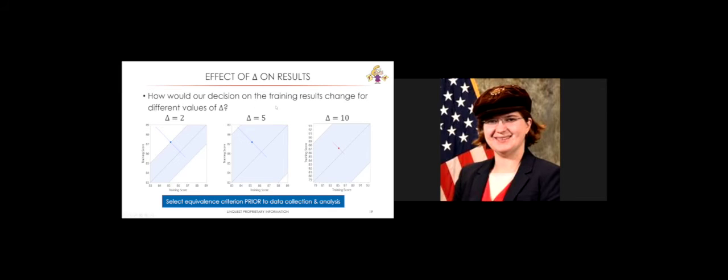Your choice of the value of delta will affect your decision. You can't just blow off or neglect it. It's essential to the method. So you have to really think about the appropriate value, and talk to your subject matter experts and decide what makes sense for our system.